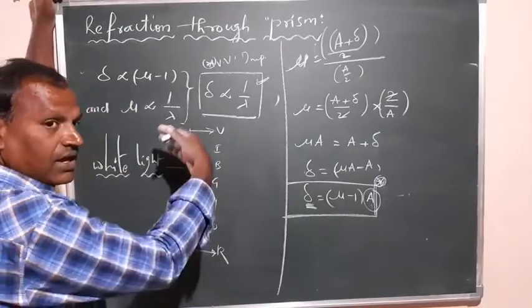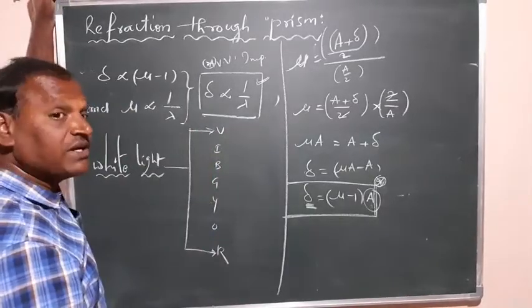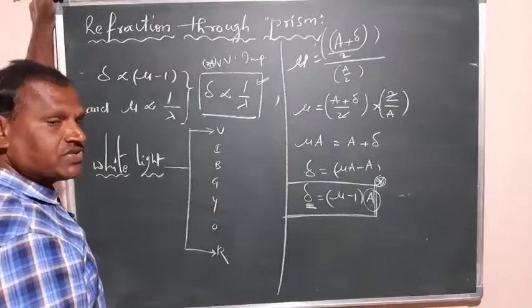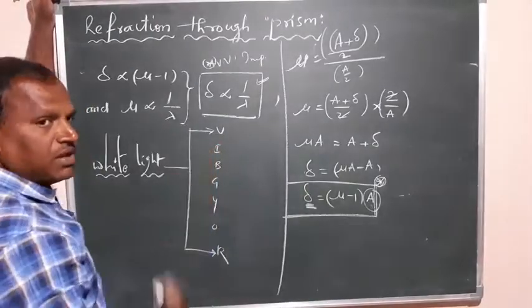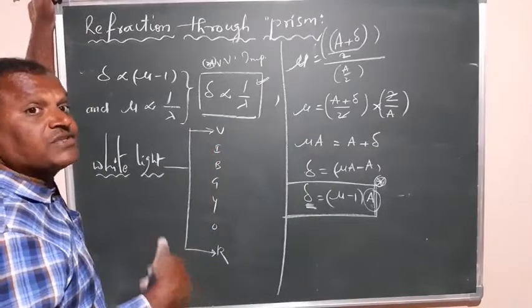These are the colors into which white light can be split according to their wavelengths. The wavelength of violet is minimum, so it deviates maximum.